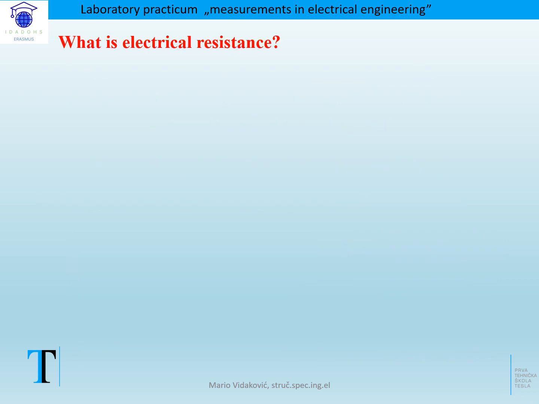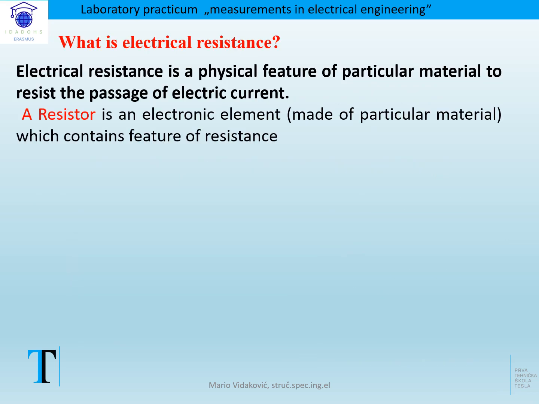The next definition is, what is electrical resistance? Electrical resistance is the physical feature of a material to resist the passage of electric current. A resistor is an electronic element, and that is the difference between the resistor and the resistance. It is made of a particular material which has the feature of resistance.